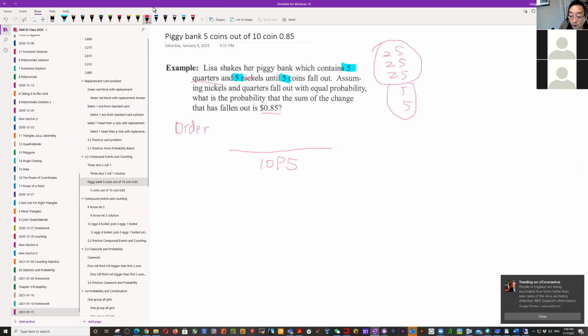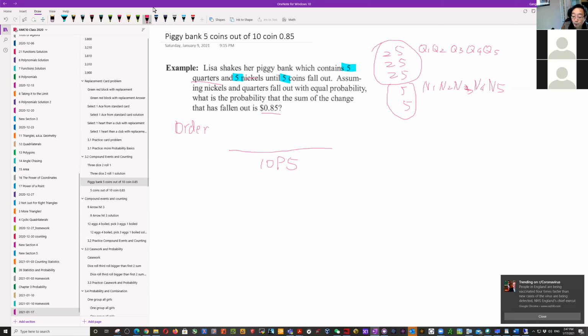And the numerator: if you really analyze this problem, you have 5 quarters and 5 nickels. So we can label them quarter 1, quarter 2, quarter 3, quarter 4, and quarter 5, and nickel 1, nickel 2, nickel 3, nickel 4, and nickel 5. There is no restriction for the combination, so the denominator is 10 permute 5.